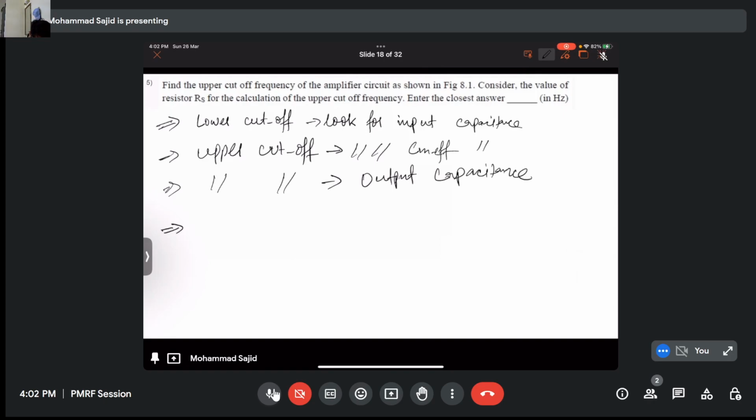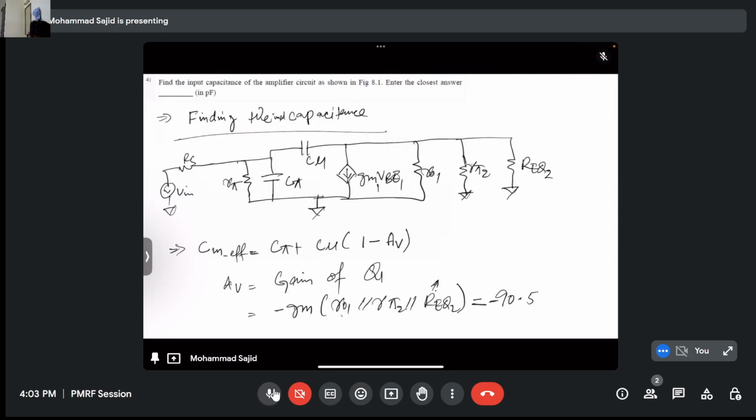Now we have to find the upper cutoff frequency. I can just directly write it as 1 over 2 pi, C in effective calculated previously, times R in. Let's just look at your circuit. So this is your R1 as well. If I have to find the frequency corresponding to this capacitance, I will look for the resistance here, R in.